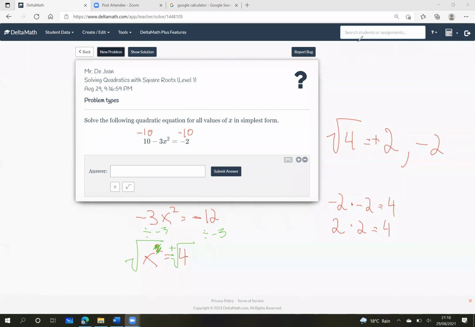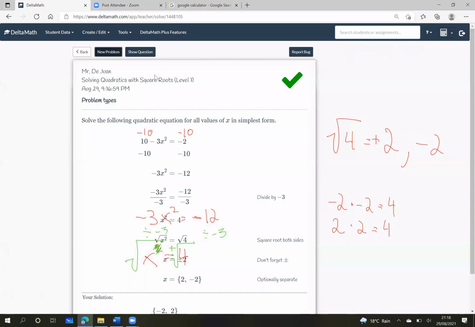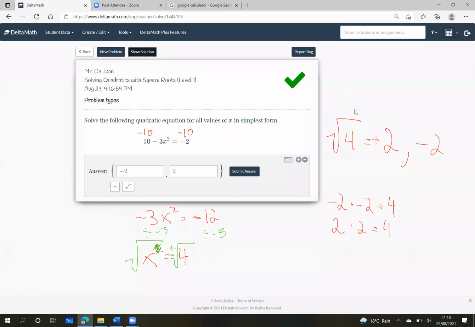So ojo with this type of a question, because you will have to type in -2, comma 2. That's every type of question that you guys will be able to see. This is the important one, the one that we just did. Ojo when you have the answer of a square root with a perfect square number, watch out.